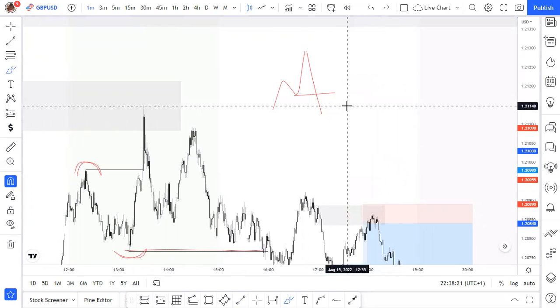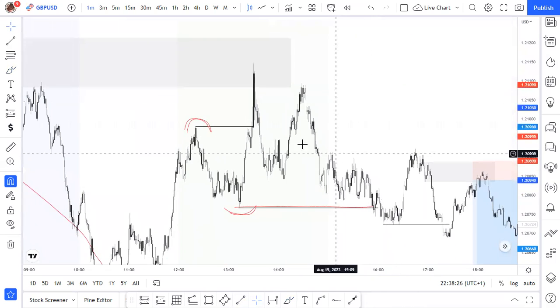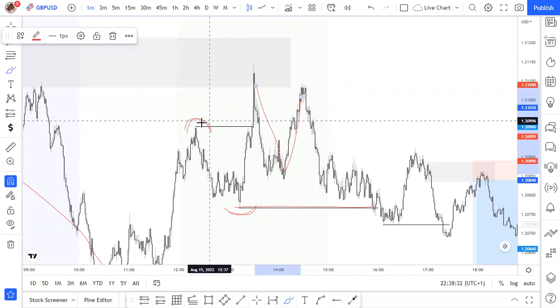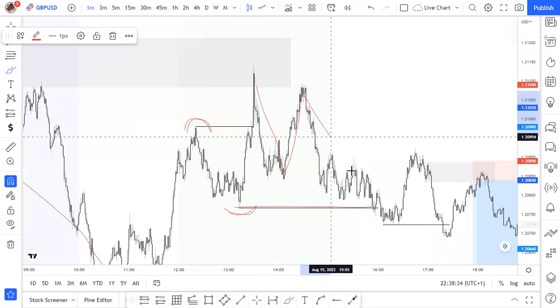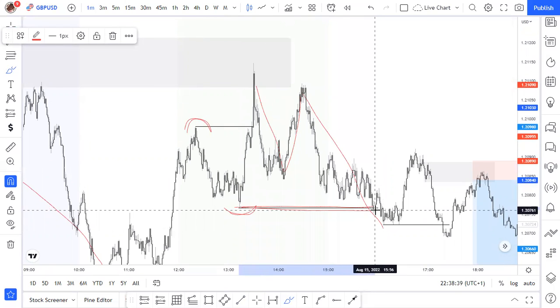So that's exactly what I was looking at here. When price pushed back down into this, we had this push down, it had some kind of reaction to this supply range, and then we broke the structure here. So I said, okay, we have a break of structure.